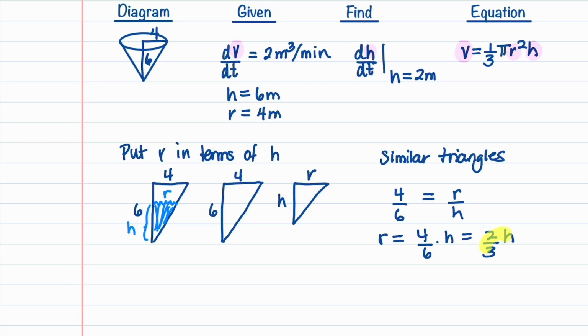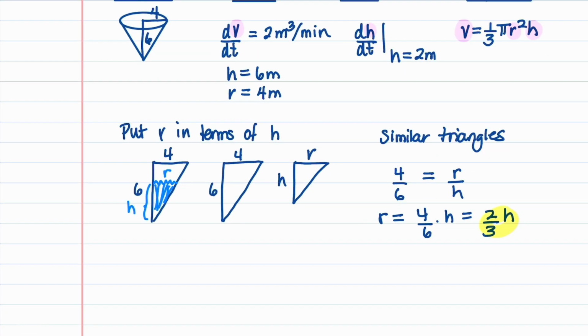Let me go ahead and highlight that because that's what we're going to plug into our formula. Our formula is V is equal to 1/3 pi r squared h. Now we're going to substitute in that r is 2/3 h. So we have 1/3 pi, 2/3 h, that gets squared, times h.